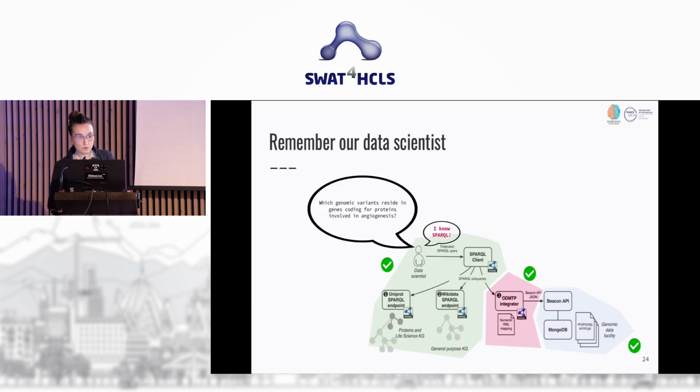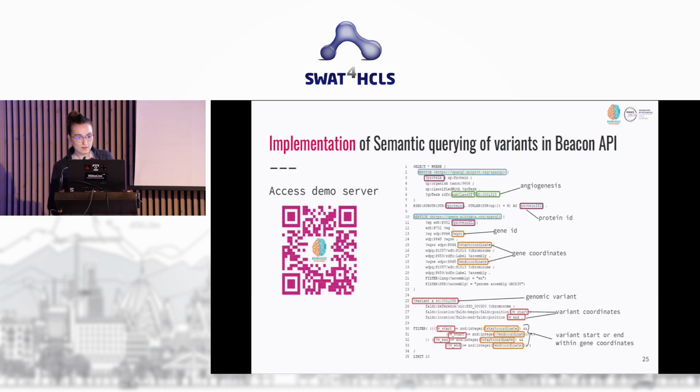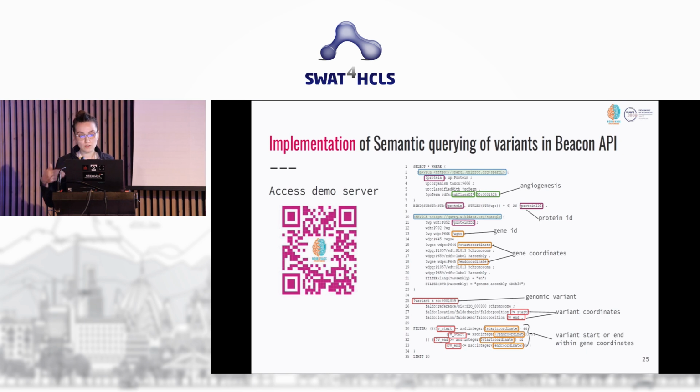If you want to flash this QR code, you don't have to do it now. The presentation is going to be available, but there's a small demo server that runs a couple of queries, and among them is the SPARQL query that is a translation of our motivation question.